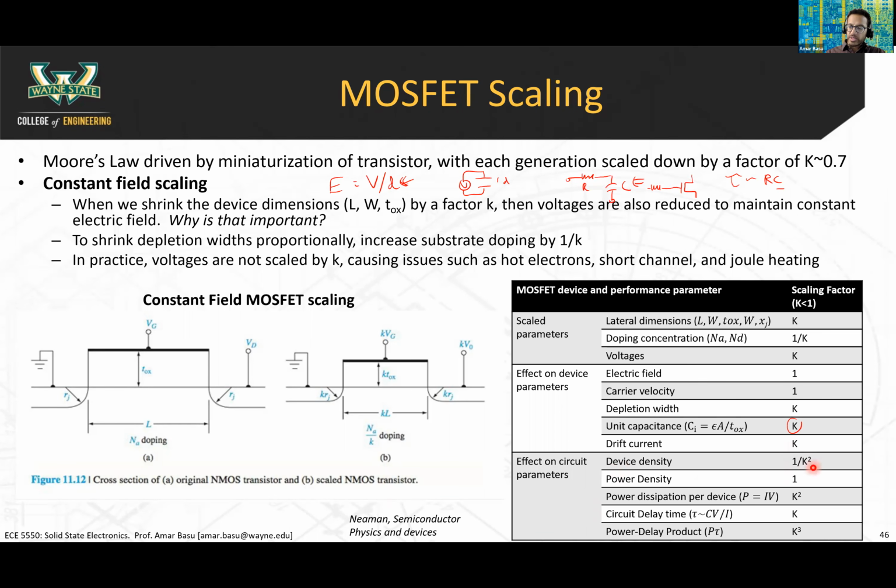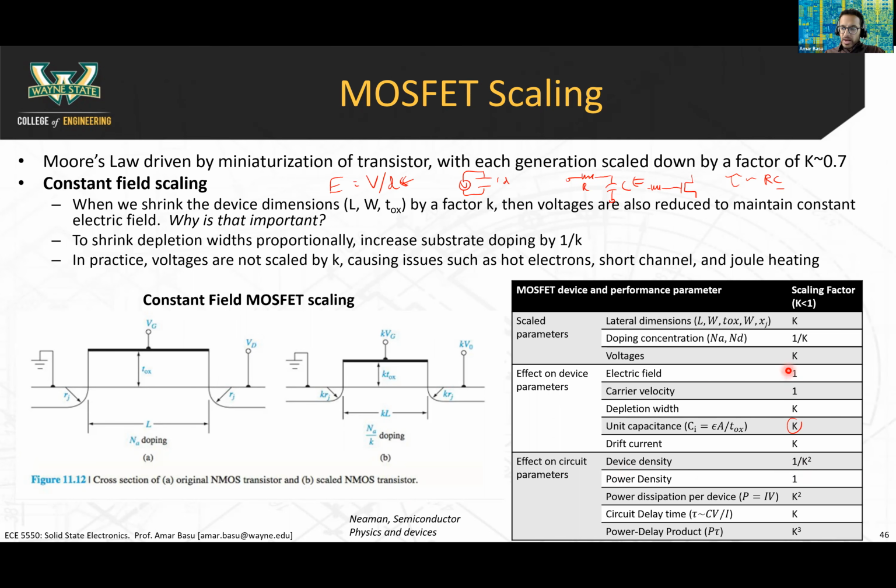This is really important. Remember, if K is less than 1, then this term is going to become very large. So you're putting more and more devices in the same amount of area, and this allows you to do more complex calculations.